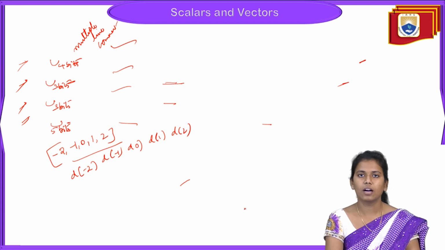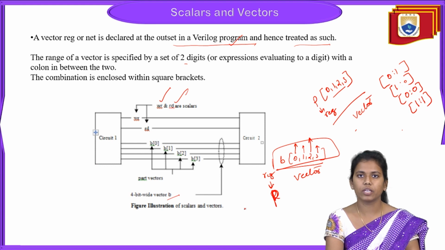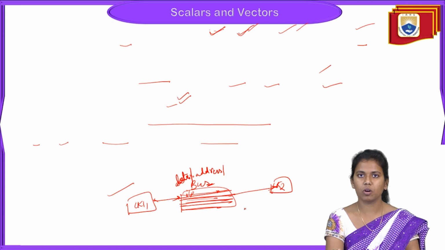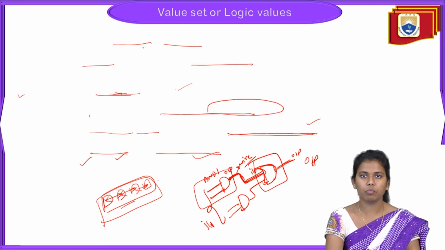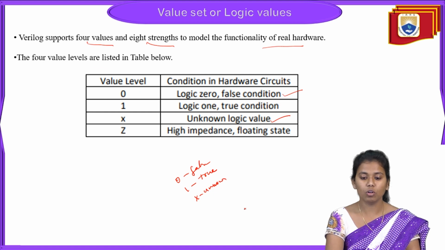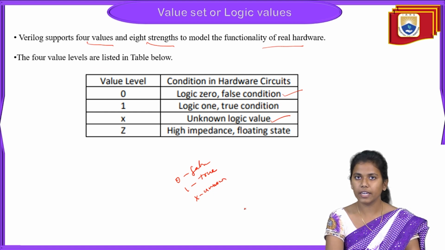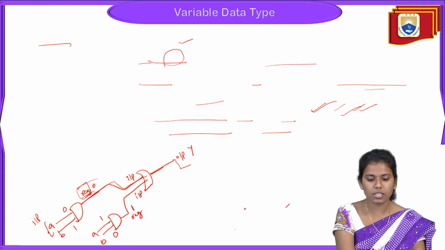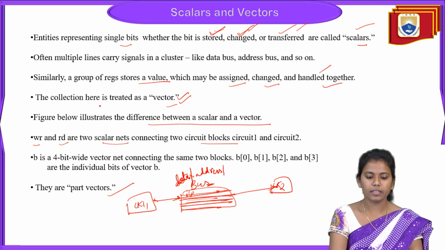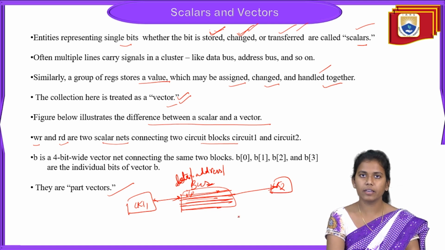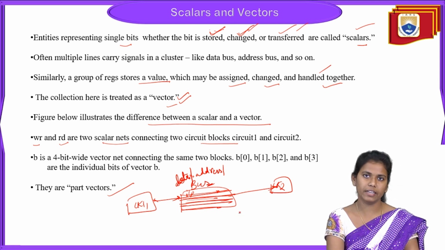So dear students, till now we have discussed all the language elements or constructs present in Verilog. So far we have discussed the vectors and the scalars, the difference between them, and also the data types, including variable data types. We discussed what a wire is, what a tri is and what a net is, and also the net delays, the net data types and the delayed net data types.